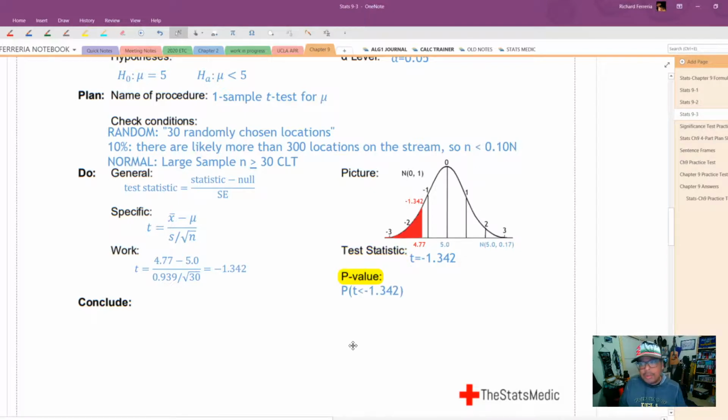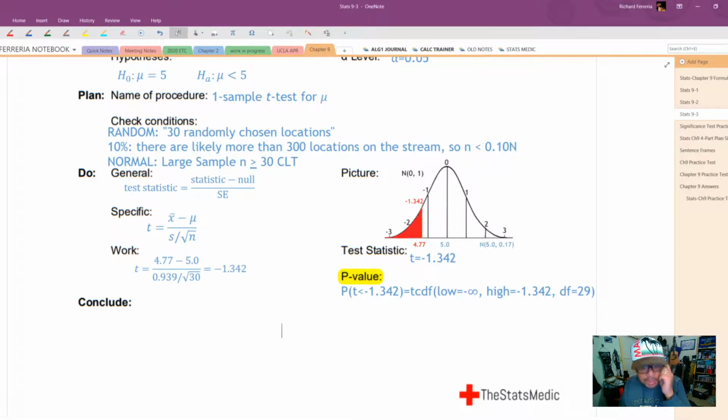Now the p-value is equal to the probability that t is less than negative 1.342. That's the same thing as tcdf, where the low is negative infinity, the high value is negative 1.342, and our degrees of freedom is 29. That gives us the value 0.095.